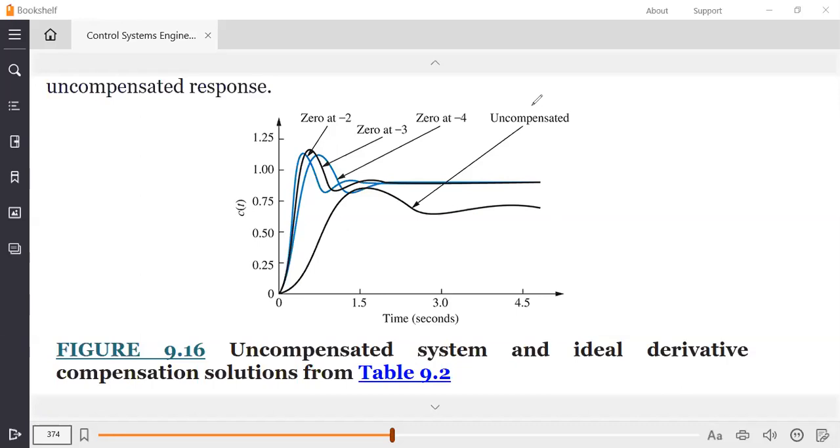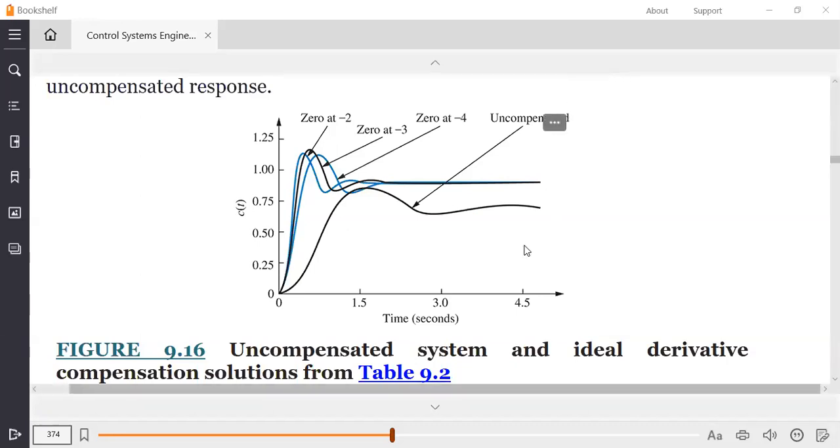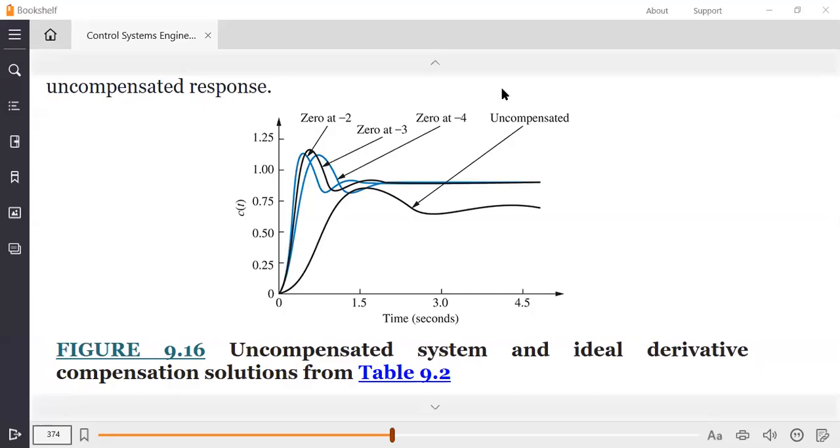So as you can see here, at the different locations you have different zeros, and that zero location is changing your response curve a bit, and as the table suggested, this one will be giving in most cases the best result, even though the steady state error is slightly deteriorated.